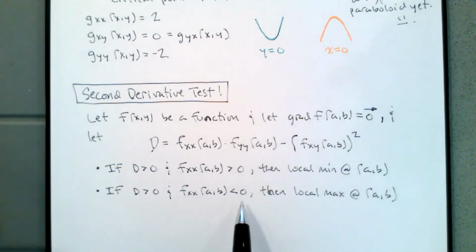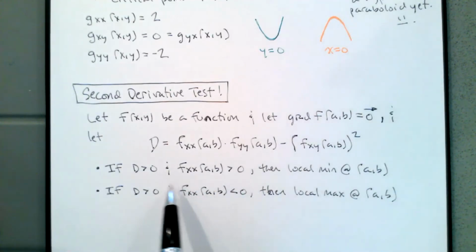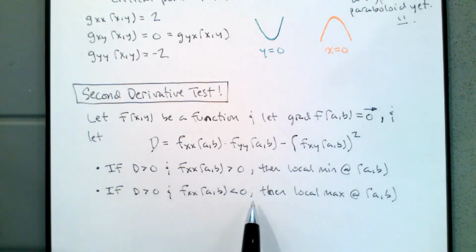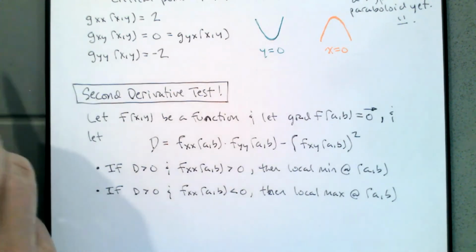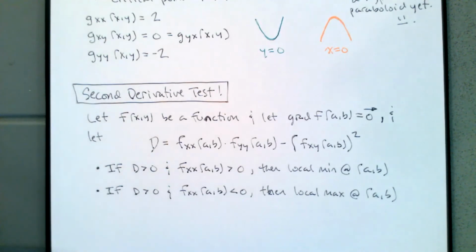If the second derivative is negative, then we have a local maximum because the function is concave down. So why aren't we considering fyy? This should bother you. I'm just telling you why this should bother you.